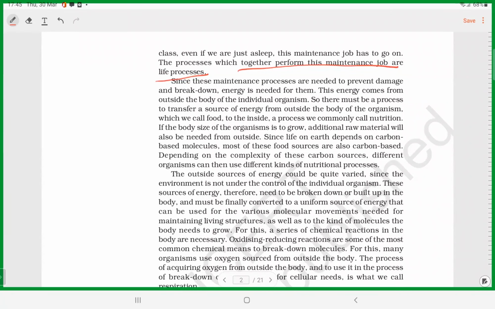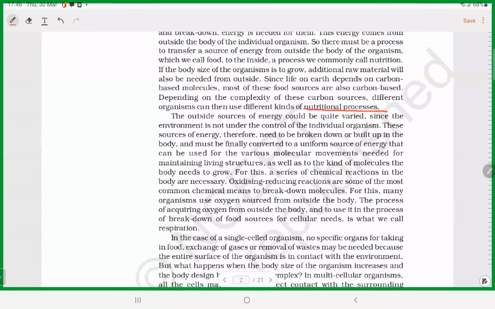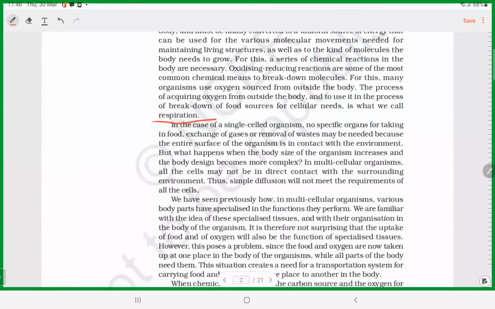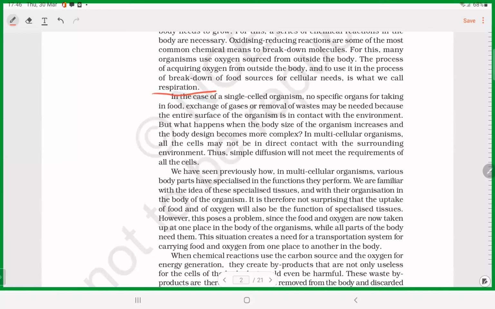In this chapter, only four processes we are going to discuss. What are they? Nutritional processes, and then you can say respiration, and then you can say what? Transportation. And then finally what?